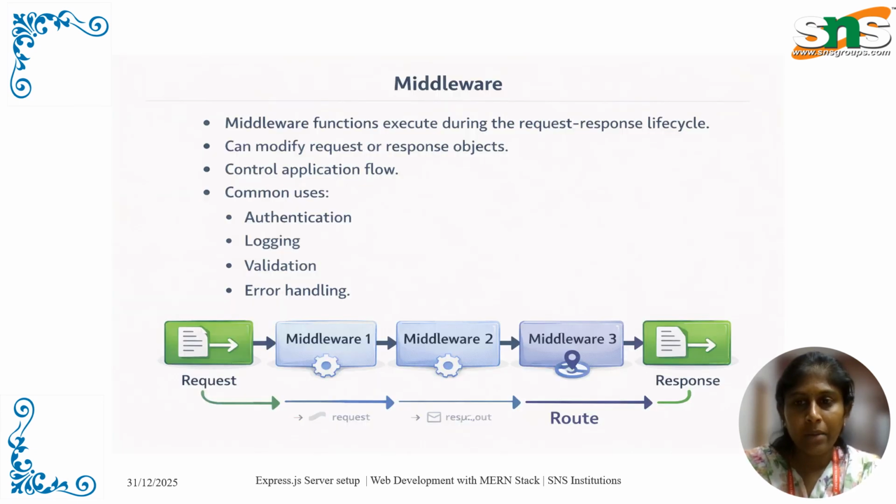Now let us understand middleware. So middleware is a function that receives a request, receives a response, and has access to the next function. Middleware executes before the final response is sent. So it acts like a checkpoint in the request lifecycle.